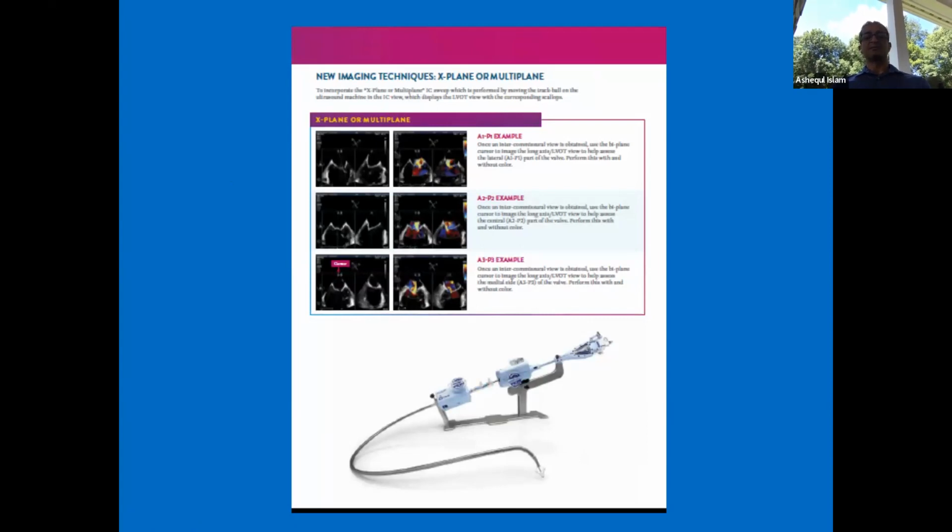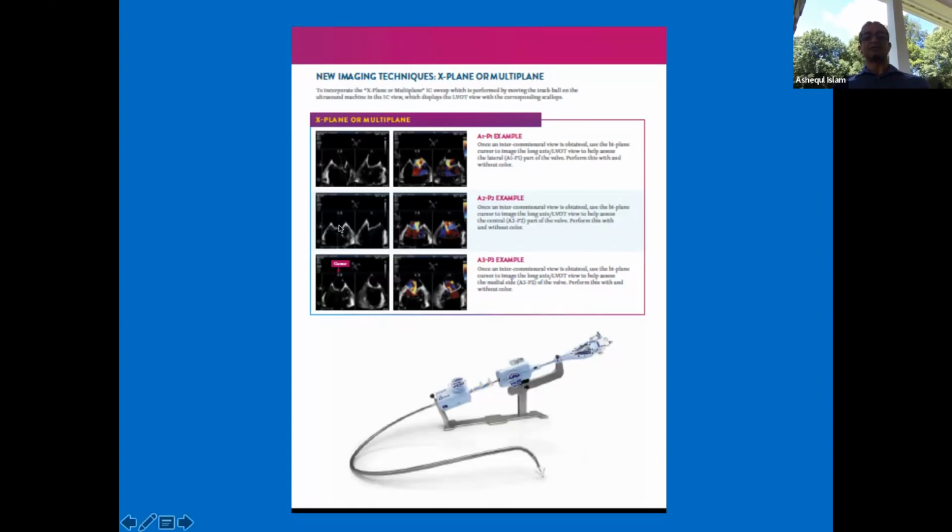So if you're in the LVOT angle, you're going to see the bicommissural view as well as the LVOT angle in the A2P2. If the valve pathology is mostly in the A2P2, you're going to see the jet in both angles. And then you scan it.